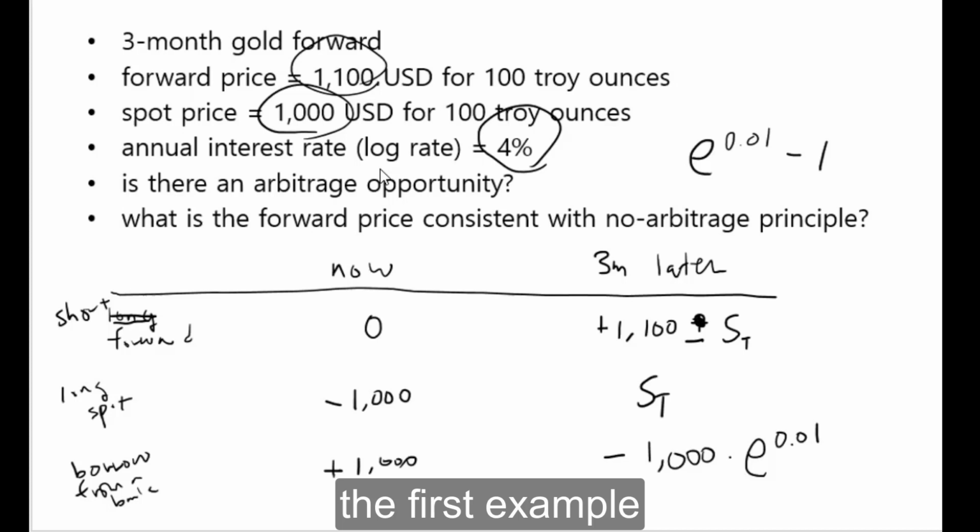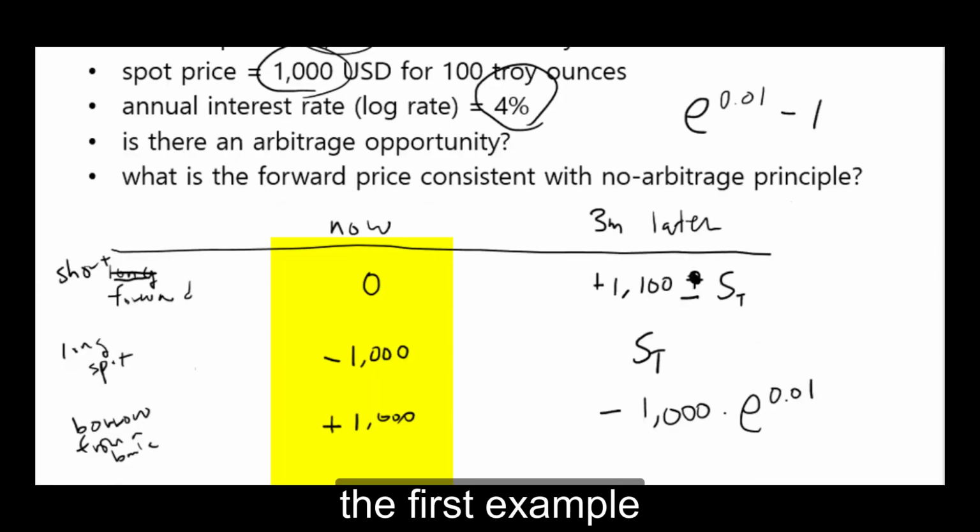If you take a short forward position and a long spot position, the underlying spot position, and borrow money so that you don't need to pay any money initially, then out of these three positions, the initial cash flow is 0. From these three positions, you don't pay any money, you don't receive any money.